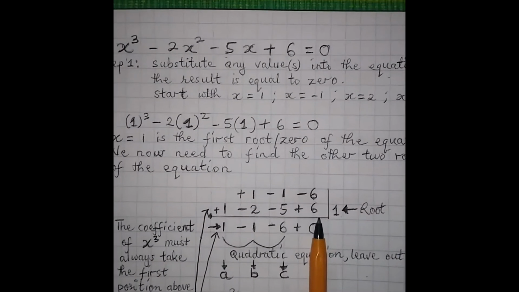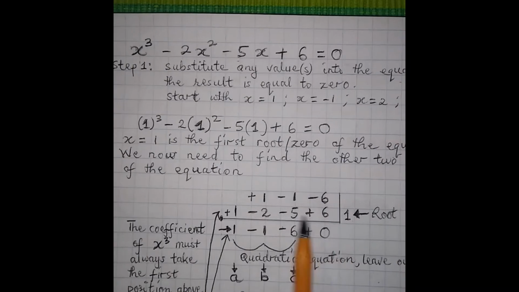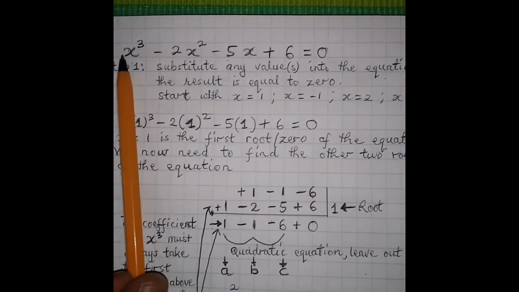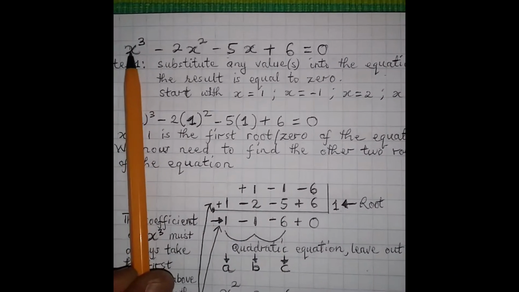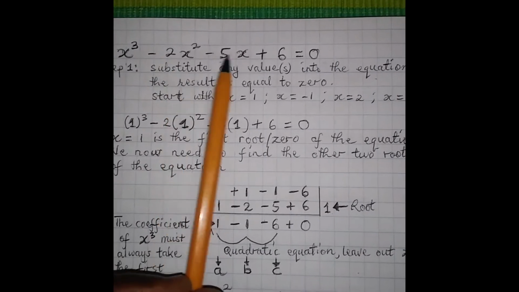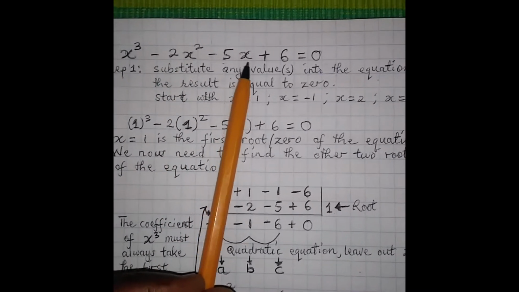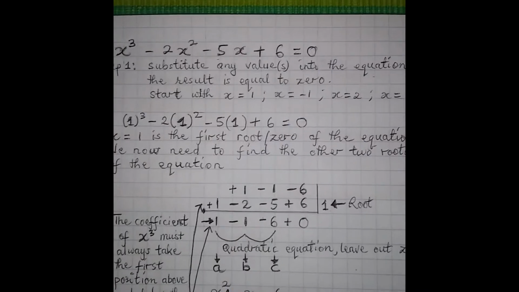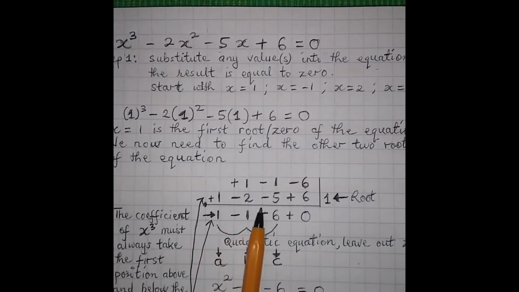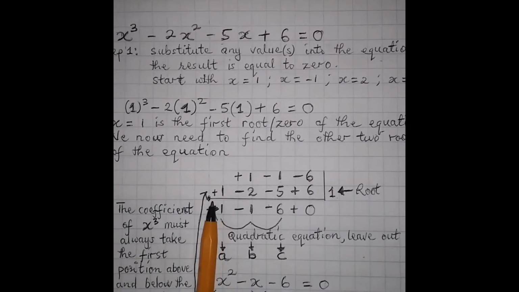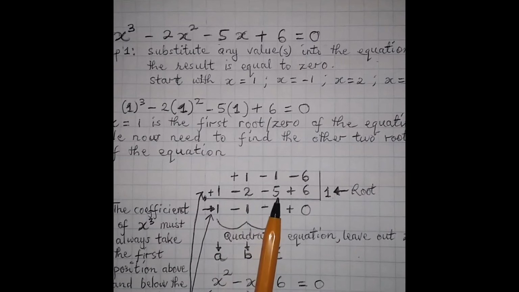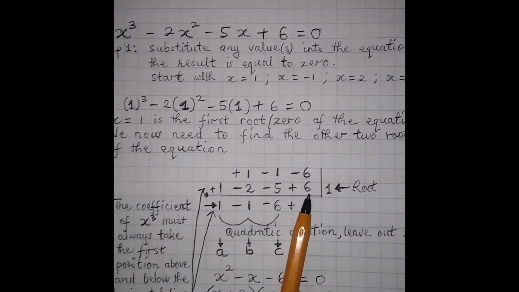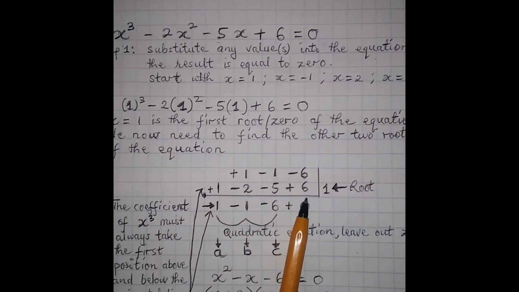If you look at the original equation, we have positive 1x cubed, negative 2x squared, negative 5x, then positive 6. So I rewrite all those values as you can see them here. Positive 1 minus 2 minus 5 plus 6. So I list them on this horizontal line.